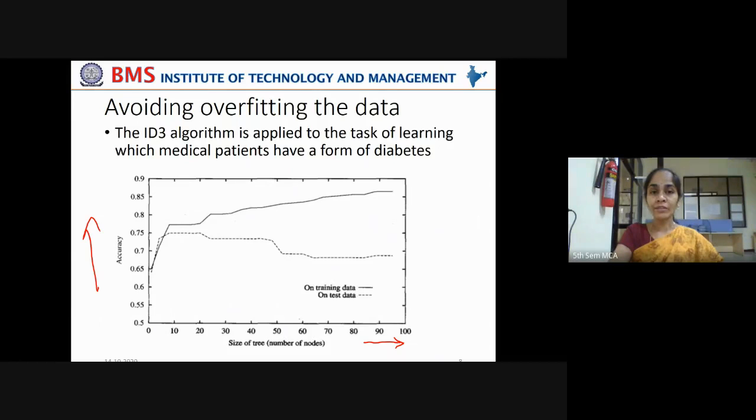As the ID3 algorithm builds the decision tree with 10 nodes, 20 nodes, as the number of nodes in the decision tree increases, even the training and the test set performance increased.